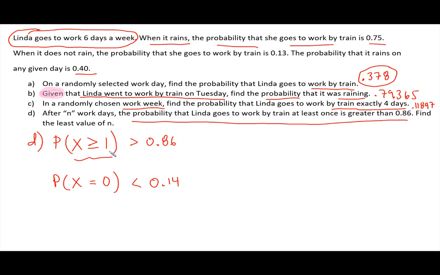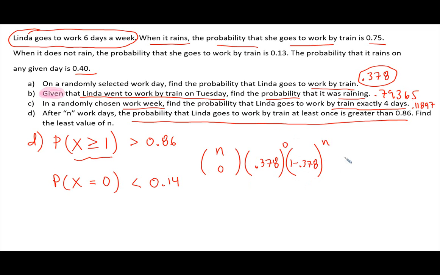Okay, so now that we know this, we can set up a binomial equation. Now n, the number of trials, we don't know how many work days. The probability of success, going to work by train, was 0.378, and so failure is 1 minus 0.378. So we want this to be 0, so this would be n minus 0, or just n.